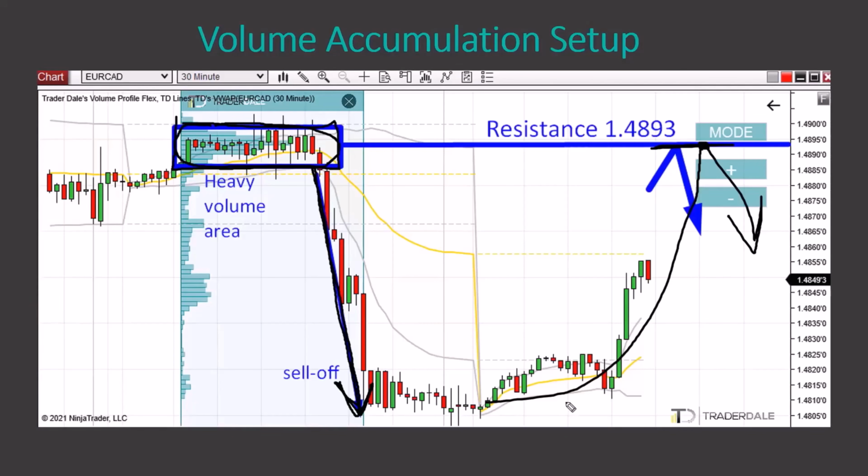Now maybe you're looking at those lines which I have in here, those gray and yellow lines. Those are not Bollinger Bands or standard indicators. That's in fact the VWAP indicator, which is another volume-based indicator which I like to use as a little addition to volume profile. Volume profile is my main trading tool, and the VWAP is sort of an additional tool which I like to use to complement the volume profile with.